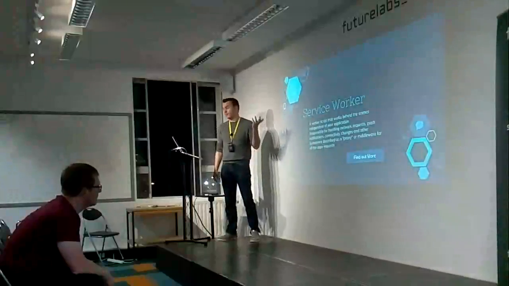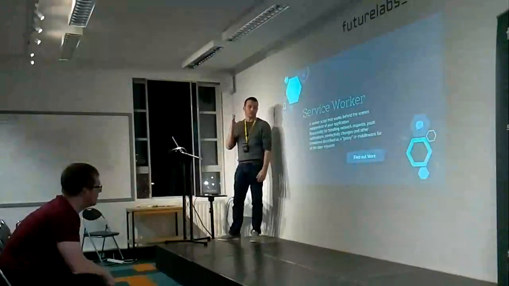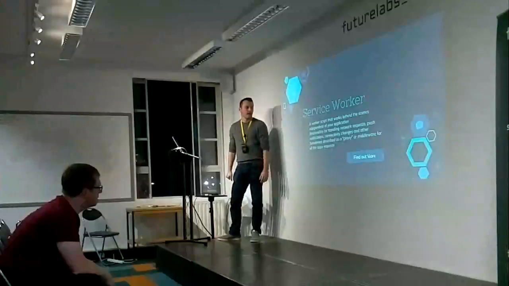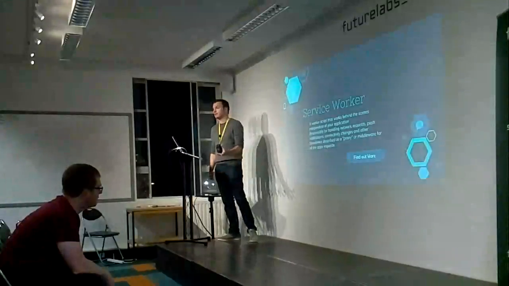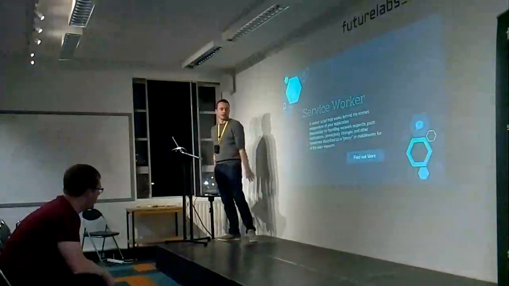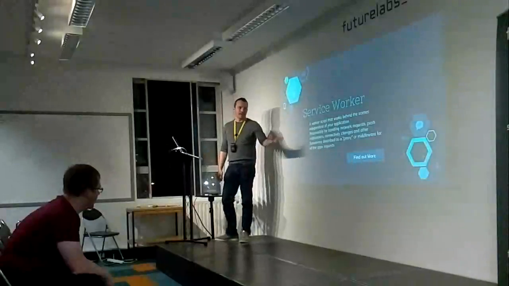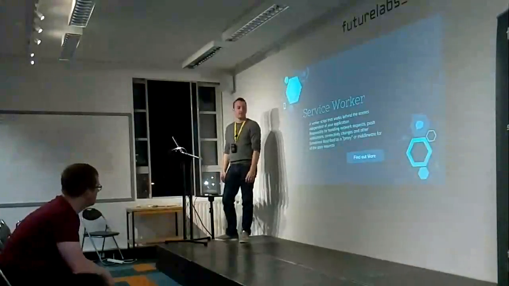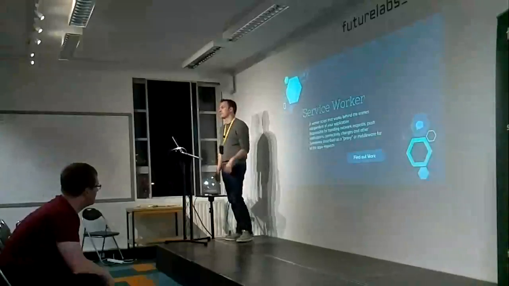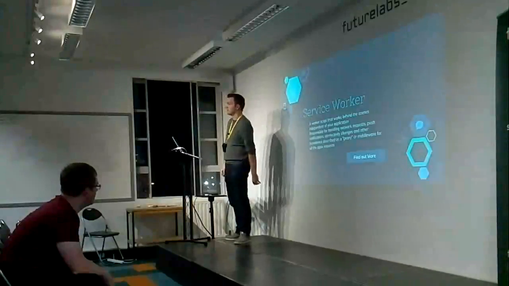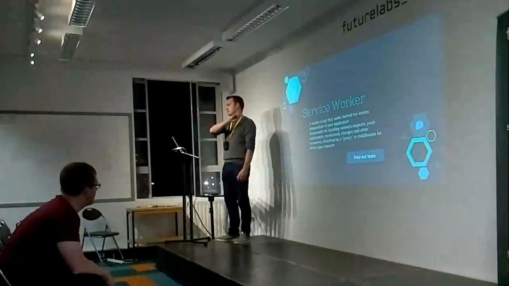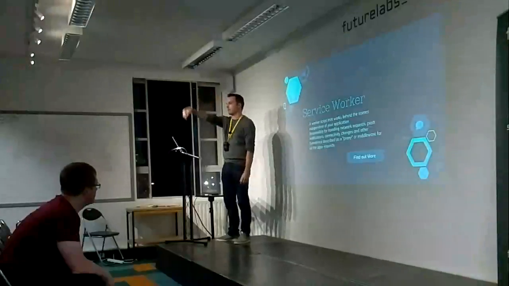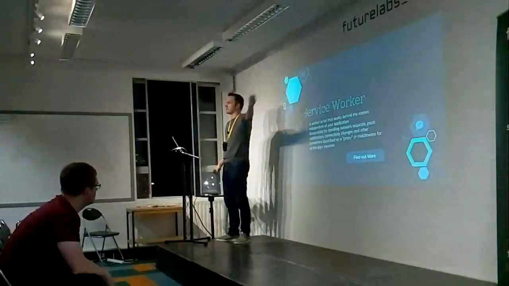The Service Worker is responsible for handling network requests, push notifications, connectivity changes, and some other things that you can do. It's sometimes described as a proxy or middleware for all your app's requests. So essentially, you have a script running in the background. Any request you do in the app goes through that script, and only then goes to the outside world, and vice versa.